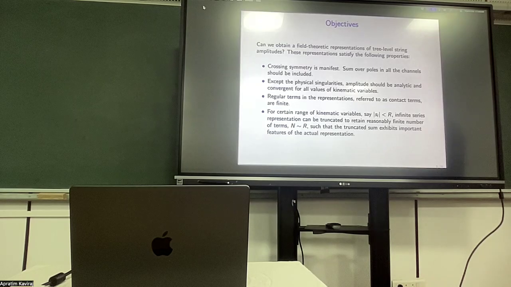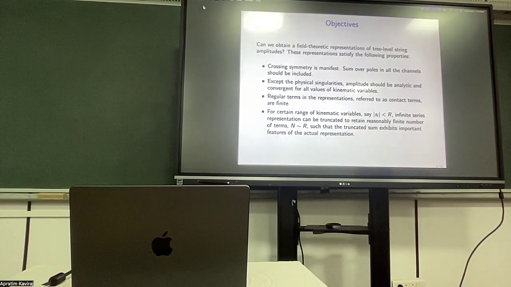In summary, what we are trying to say is that if we set a cutoff and try to have an approximated representation, it will mimic the original representation with very high accuracy below that cutoff scale, and above the cutoff scale the representation will become invalid.